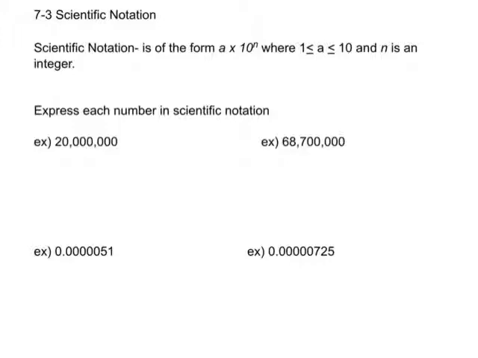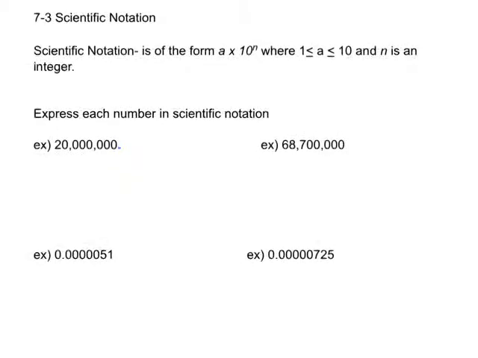And let's take a look at this first example. We have the number 20 million. So if I wanted to express that number as scientific notation, I'm going to take my decimal point, and my decimal point is right after that whole number, and I'm going to move the decimal over until I'm right in front of that digit that's between 1 and 10.